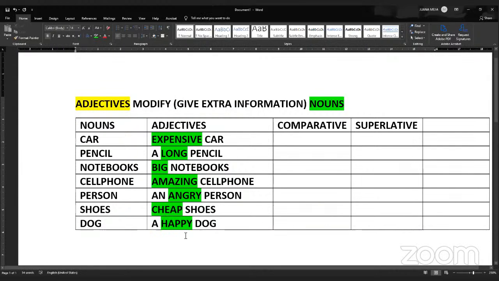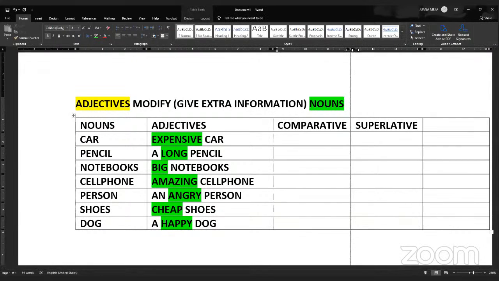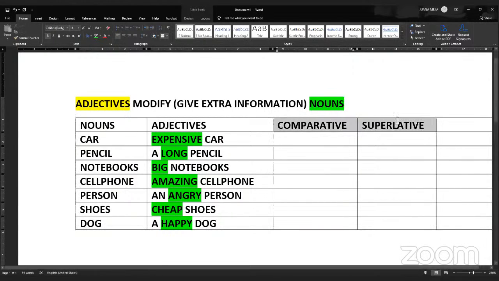Okay, so we have some adjectives for our nouns: expensive car, long pencil, big notebooks, amazing cell phones, angry person, cheap shoes, happy dog. The words in green are adjectives. Remember, an adjective gives extra information about a noun. In grammar, for the adjective, as you can see, we have more columns. Sorry, guys, there's a little too much noise.